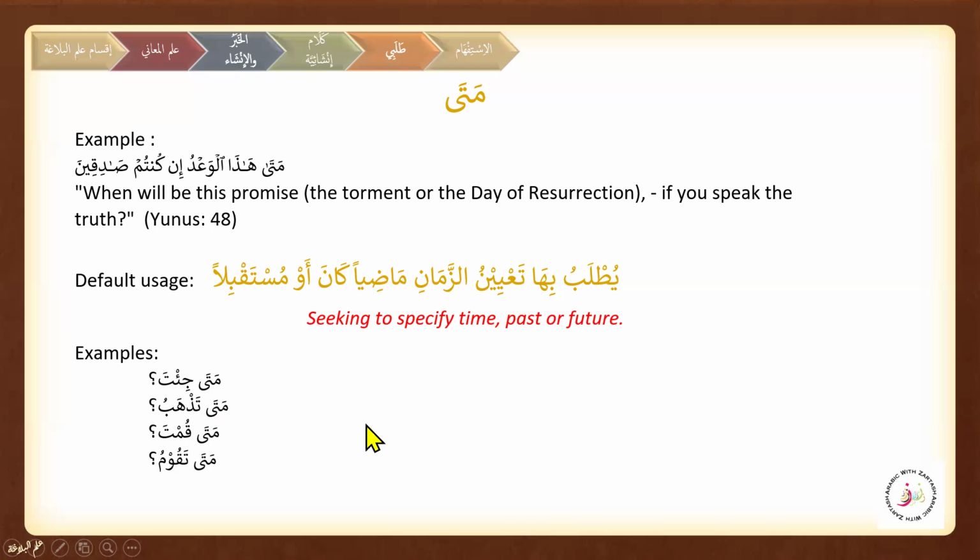Then again, mata taqumu, that's future. Where are you going to stand? Like that. So this is the default usage of mata, and it is yutlabu biha ta'yinu zamanin madiyan kana aw mustaqbalan.